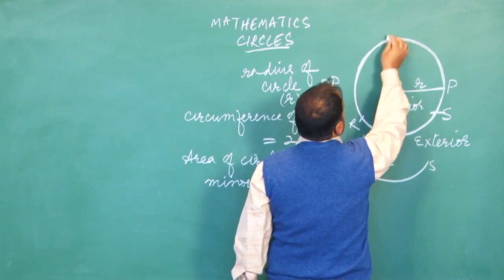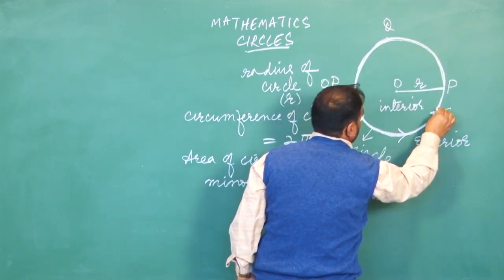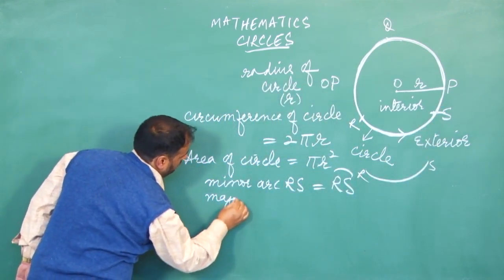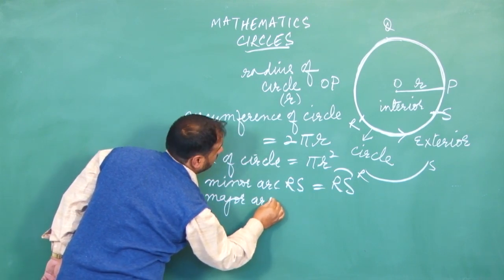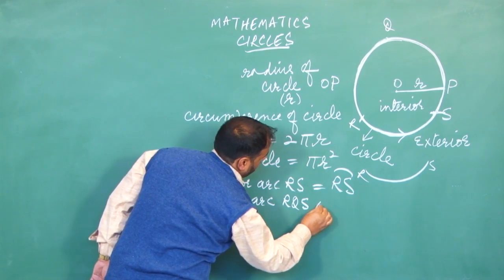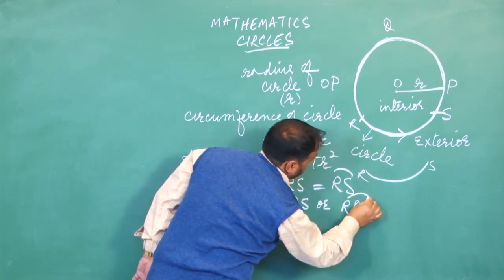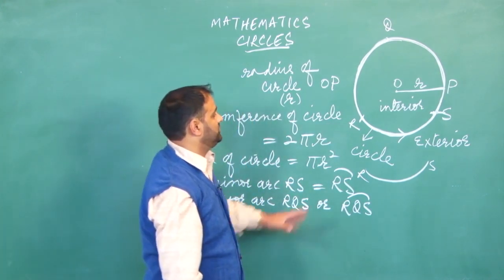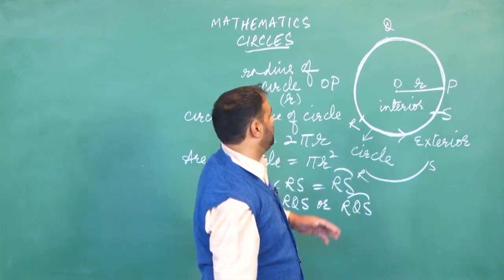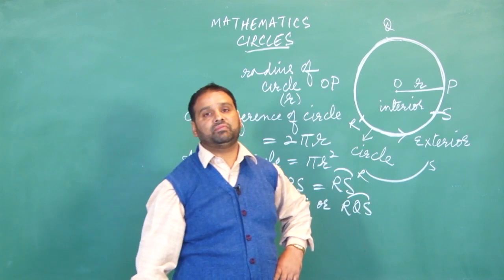Suppose we take Q on that, and this arc RQS is called the major arc of the circle. This is major arc RQS, or you can write it as RQS with the arc symbol on that. So the circumference can be divided into two parts. The smaller part is called the minor arc, and the major part is called the major arc.